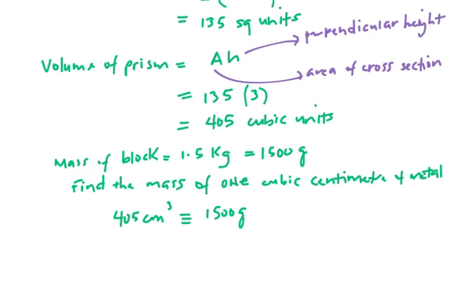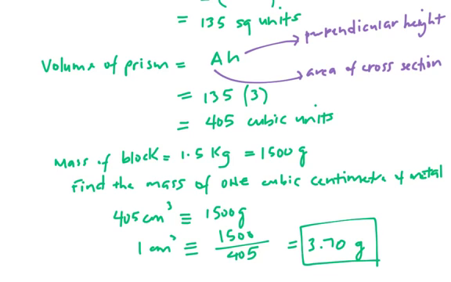So if 405 cubic centimeters corresponds to 1500 grams, that means that 1 cubic centimeter is going to correspond to 1500 divided by 405, which gives us 3.70, and that answer is in grams. So our final answer is 1 cubic centimeter corresponds to 3.70 grams.